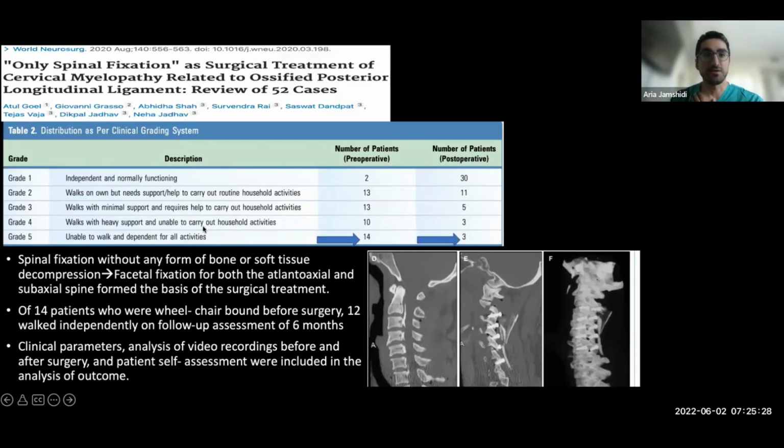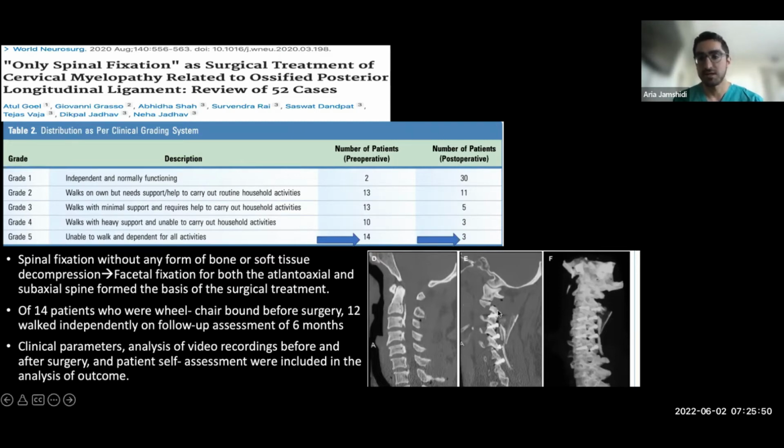In terms of posterior spinal fixation alone, this is definitely a controversial topic. So Atul Goel published this in 2020. He looked at 52 patients who he treated exclusively with spinal fixation without any form of bone or soft tissue decompression whatsoever.